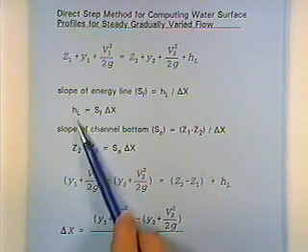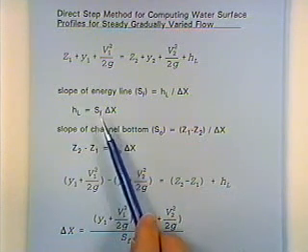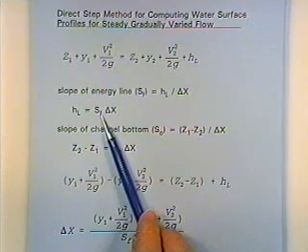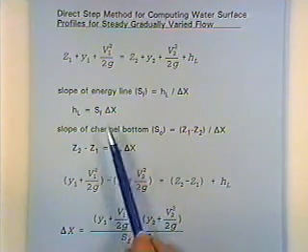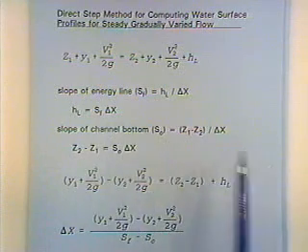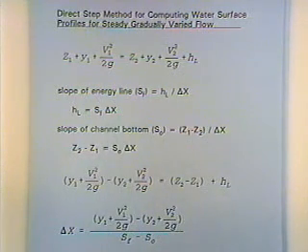And then just solve for the head loss. So the head loss is just the slope of the energy line, and a common term for that is the friction slope. Because it's called the friction slope so often, we'll just use a subscript F. And then the delta X, that horizontal distance between cross sections.